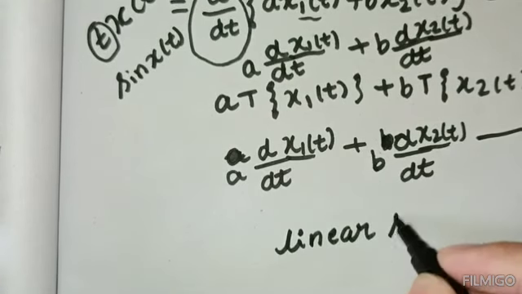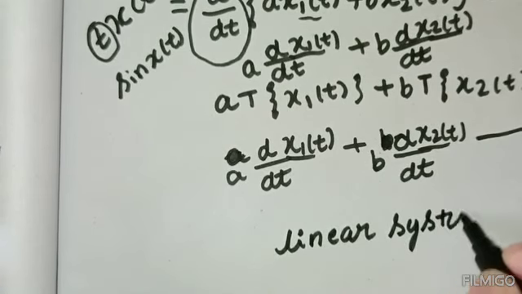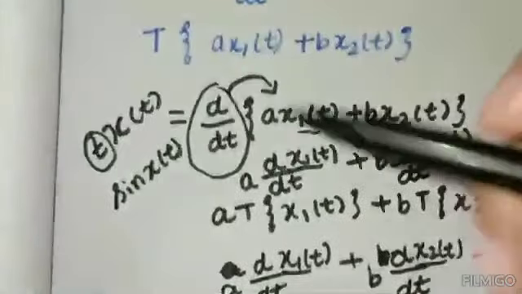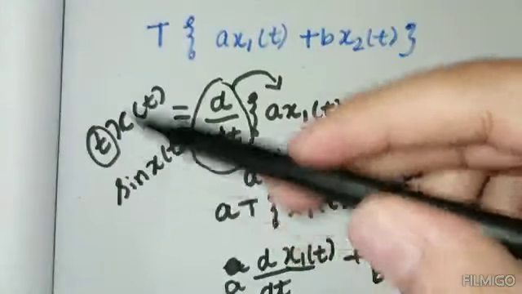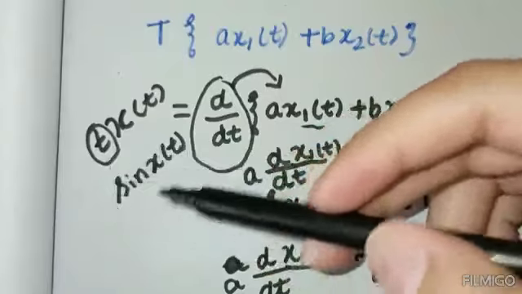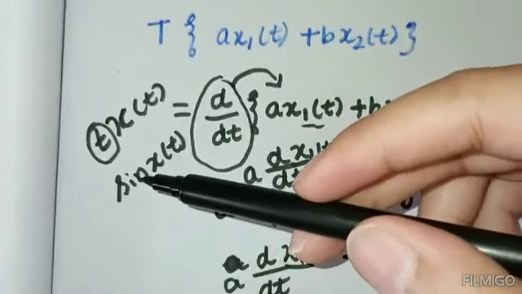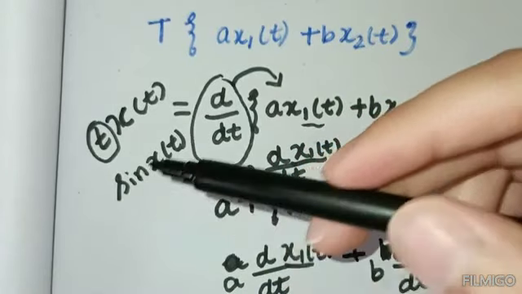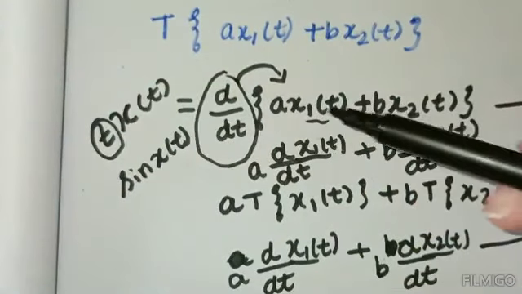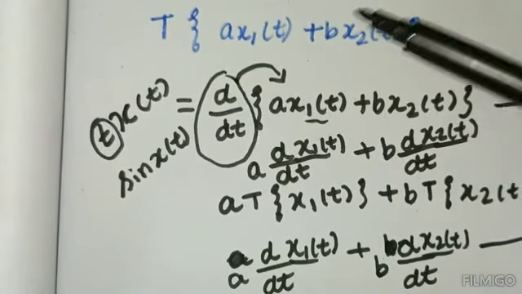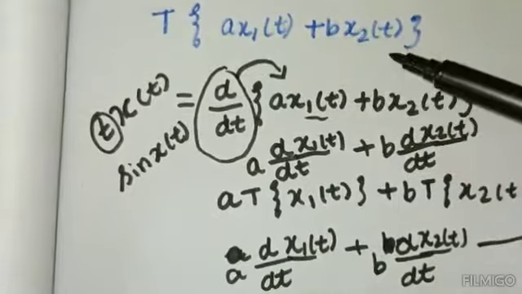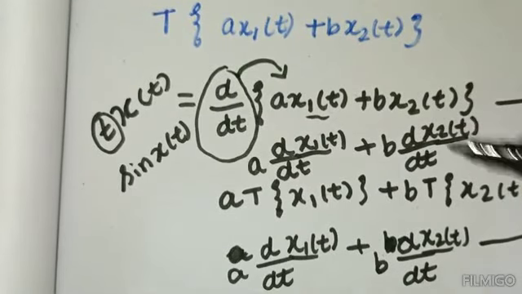So what is the thing here? Whatever is associated with x of t, or multiplied to x of t, you need to check whether that gets multiplied to this a x1 of t plus b x2 of t. That is the whole transformation. By seeing the question only, sometimes you can tell.